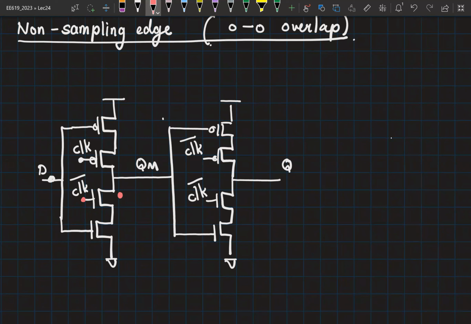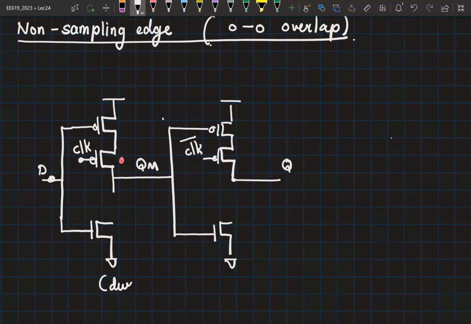Clock bar is 0, right? So during the overlap, this is off. What about this transistor? This is on, so no issues. What about this one? This is off. Right? And this is the circuit. So this is your circuit during the overlap.